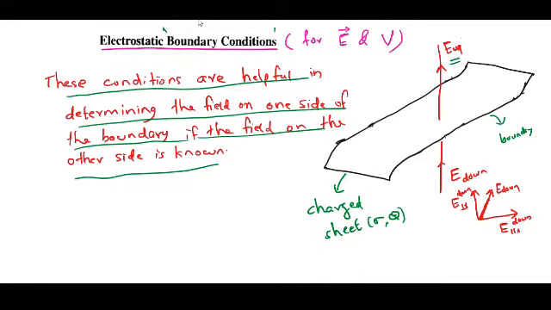Fine. Now similarly for the electric field on the upper side, I will resolve it in the same way. If this is the electric field upper, then the tangential component of the electric field will be along the x-axis.